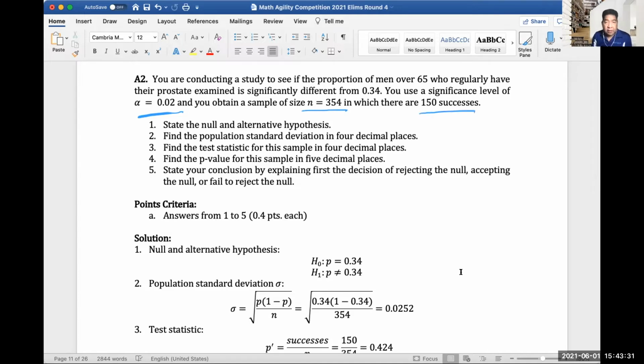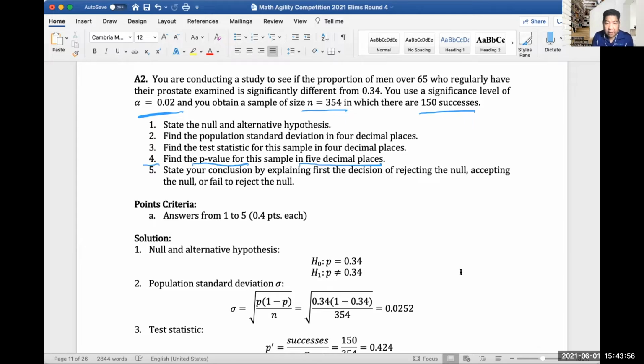The requirement is, first, we need to state the null and alternative hypothesis. Number 2 is to find the population standard deviation in 4 decimal places. Number 3 is to find the test statistic for the sample in 4 decimal places. Number 4 is the p-value in 5 decimal places.